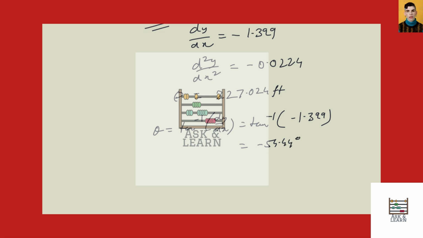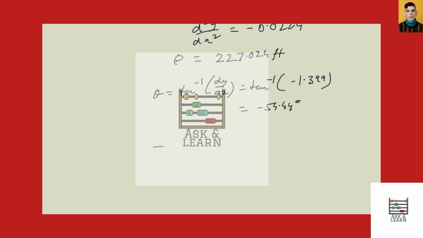Now if you write down the forces, minus N plus 150 cos of 54.44 equals m v square by rho, where rho is the radius of curvature.